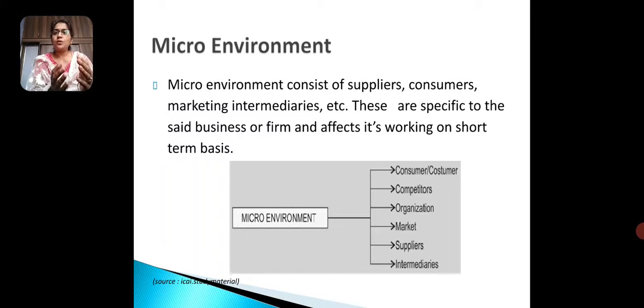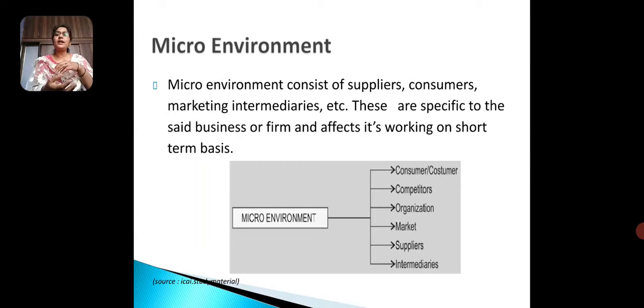The micro environment of a business organization includes its first or close circle within which it is operating. Like you have your suppliers, your consumer base, your marketing intermediaries, your competitors, your business organization, your management, your board of directors, your employees, your own vision and mission.